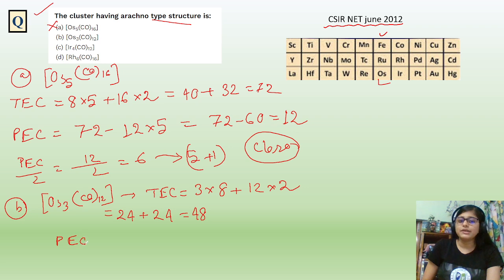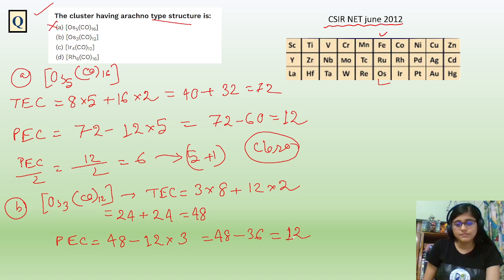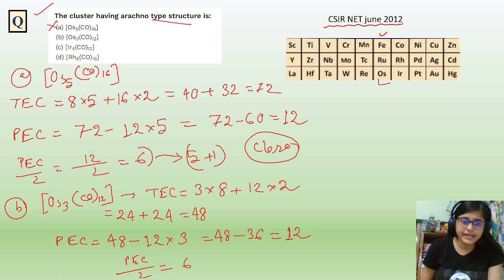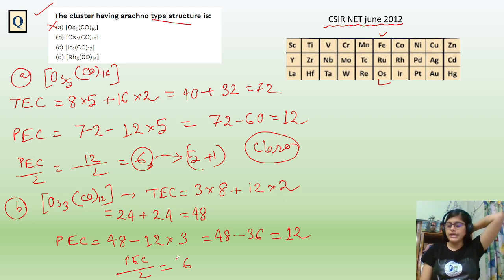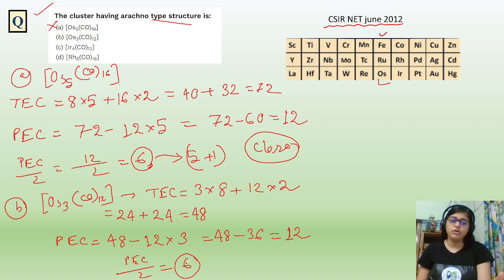PEC will be 48 minus 12 into 3, that is 48 minus 36, that will be 12, right? And PEC by 2 will be 6. So if you are thinking that here also the PEC by 2 was 6, and in the second option PEC by 2 is 6, so both are same, and it will be not the correct option because A was not the correct option.